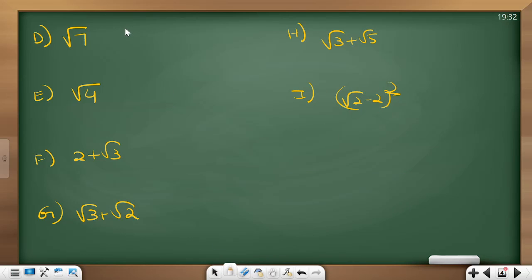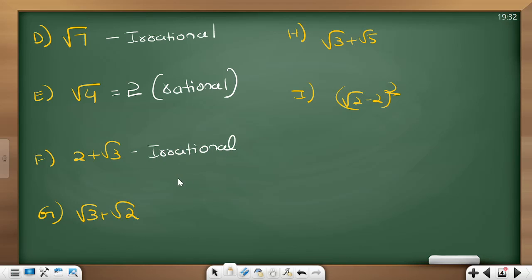Now root 7, since 7 is not a perfect square number, root 7 is irrational. Root 4, answer is 2, very clearly known for us, so it is rational. 2 plus root 3, a rational number plus irrational number, good boy plus bad boy, it is always irrational. Root 3 plus root 2, see, root 3 is irrational, root 2 is irrational, they are completely not mixable because they are 2 different irrational numbers.